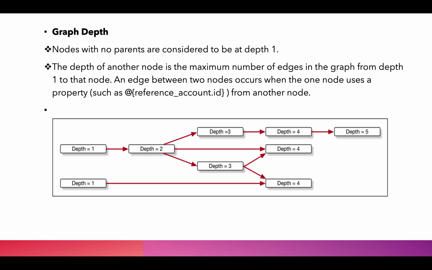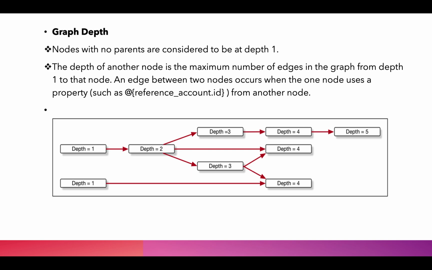Now, graph depth. Nodes with no parents can be considered to be at depth 1. This is depth 1 because it doesn't have any other nodes associated with it. The depth of another node is the maximum number of edges in the graph from depth 1 to that node. So what does it mean?